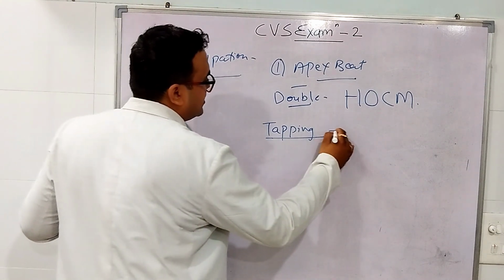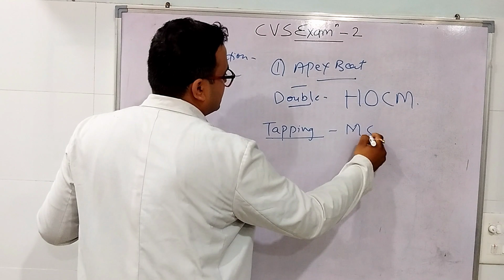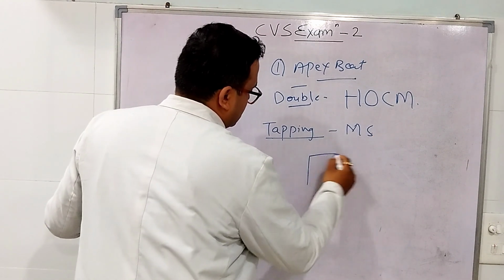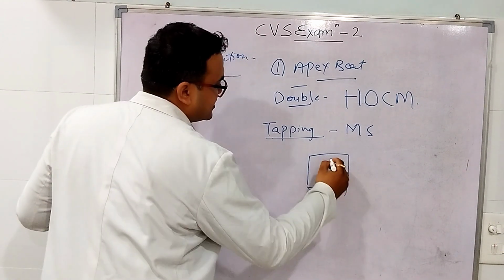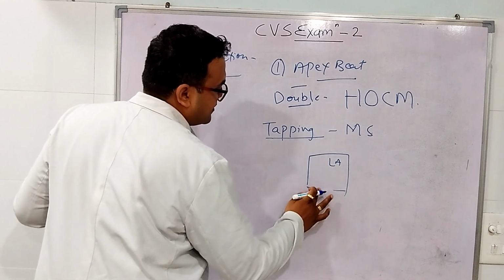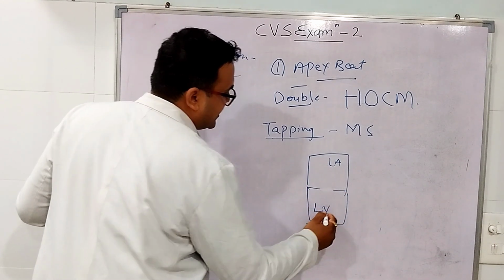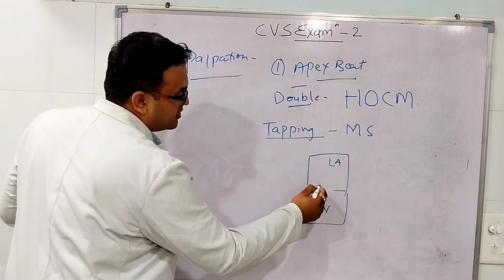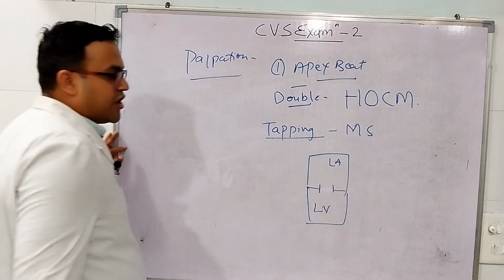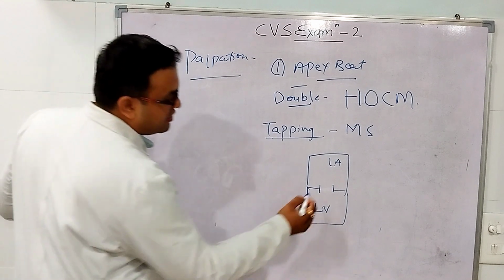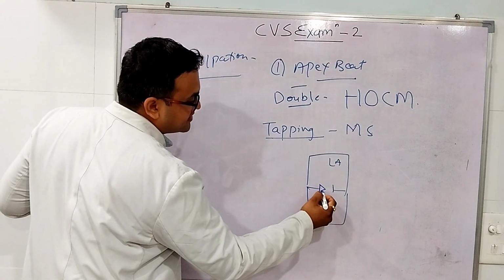This is seen in mitral stenosis. Suppose this is the left atrium, this is the mitral valve, and this is the left ventricle. So this was the normal valve. Now the mitral valve has become stenosed.